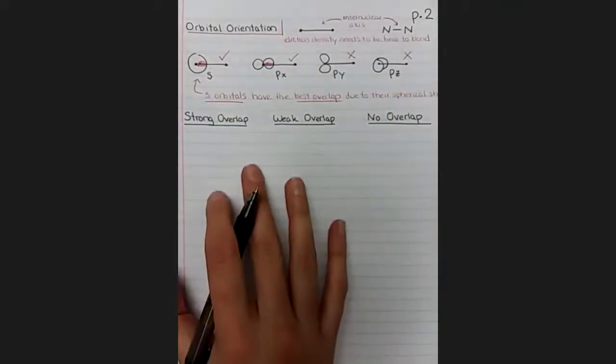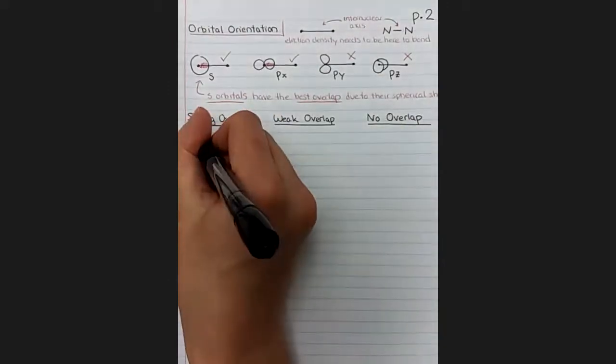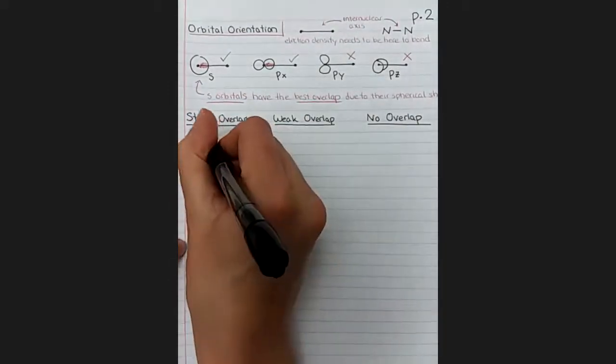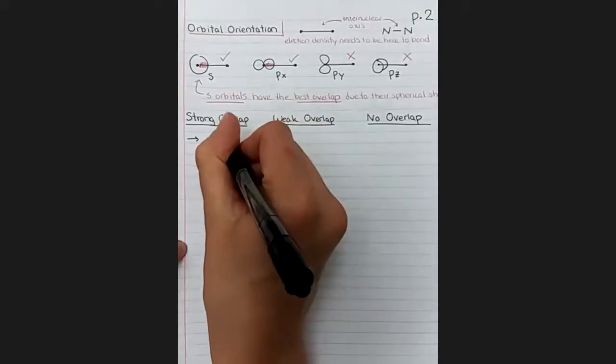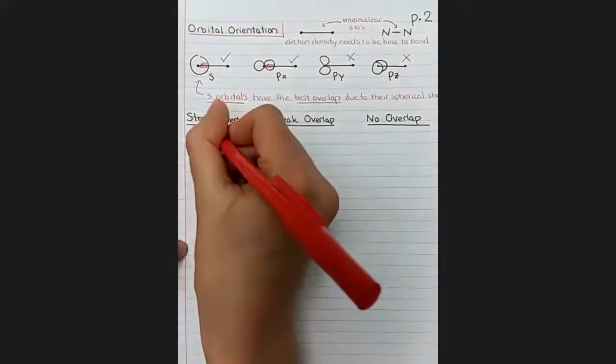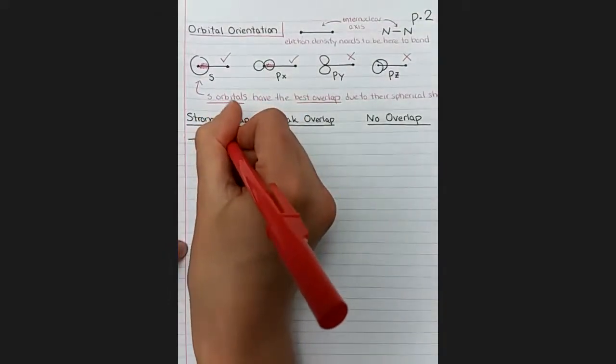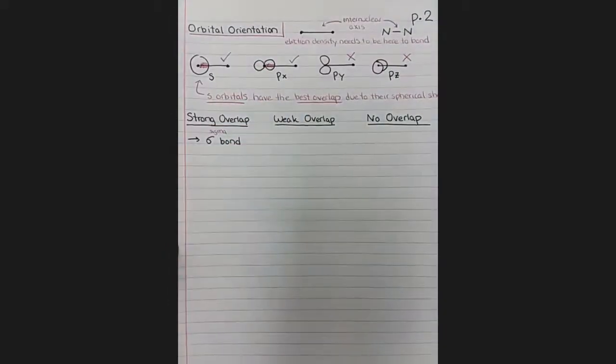We're going to make a table here. Okay, so we have names for these kinds of bonds, and we used Greek letters because chemistry, Greek letters.